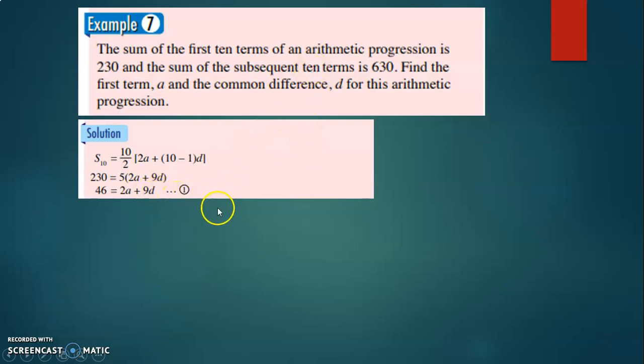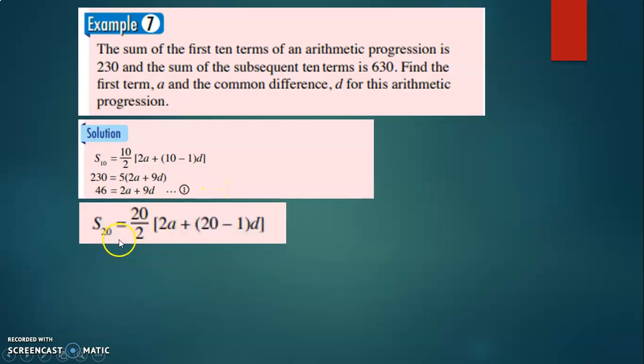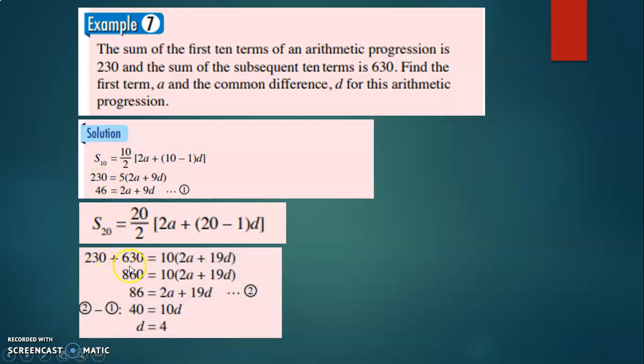Second equation，它讲 subsequent 后面的10个 term，就是说 S20，S20 就是 20 over 2 加这个咯。But we don't have S20 嘛，我们有的是 subsequent，就是从 11 到 20。Next 10 terms 是 630，so from beginning until the end 就是 S20，so 可以把这个 230 再加 630 咯 equals to this equation, isn't it? 全部加起来 you form another equation.